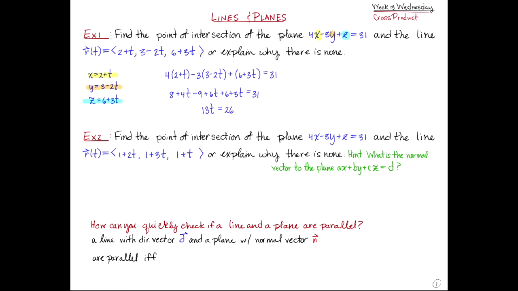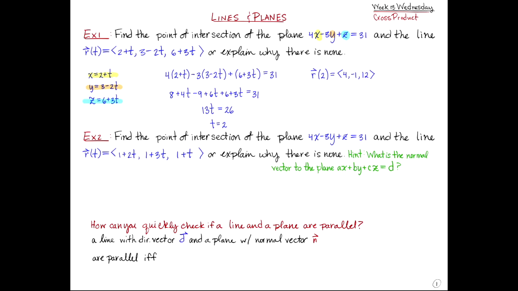Solving for t, we have that t is equal to 2. Subbing that back into our equation of a line, r of 2 is equal to 4, negative 1, 12.